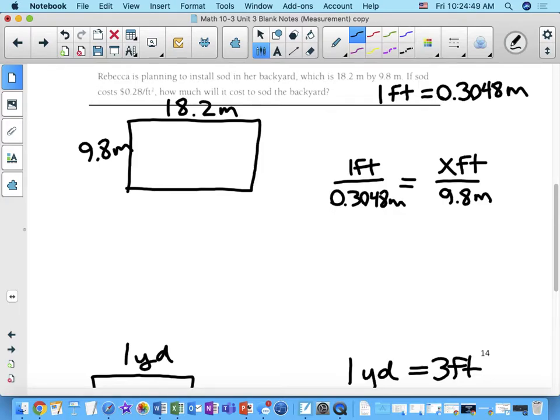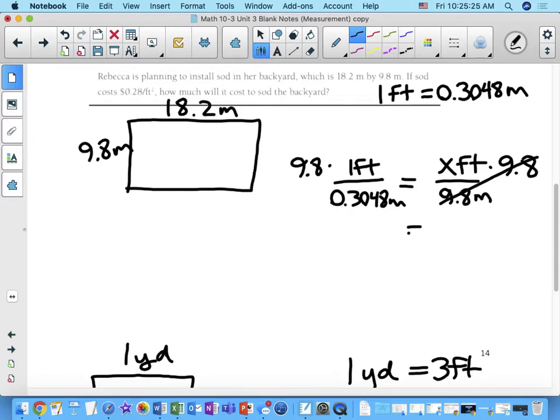Okay, now how do I solve that? So how do I isolate x? I'm dividing it by 9.8. How do I isolate it? Multiply, yeah. I can multiply both sides by 9.8. Okay, and then these cancel.